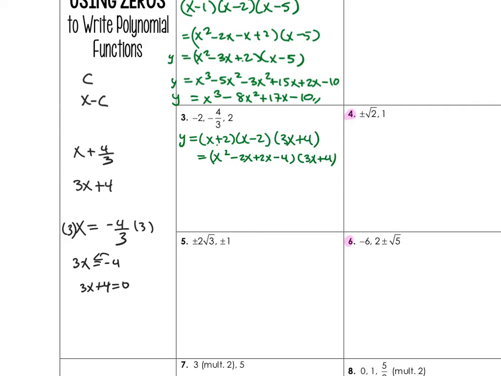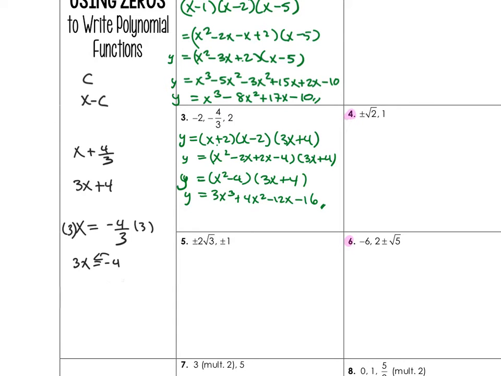So that means that right here I have x squared minus 4 times 3x plus 4. And now I'm going to FOIL again, so 3x cubed plus 4x squared minus 12x minus 16. And that's it because there are no like terms right there.